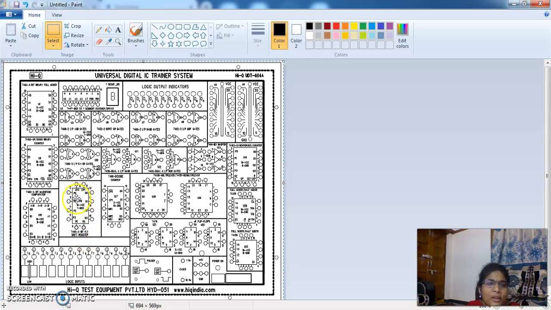IC 7495 is used for the 4-bit shift register. And for realization of counters you have this IC 7476. So for each and every experiment you have the kit here only, you have the pins here only. You just need to give the input from this and check the output in the output indicators. Clear everyone?